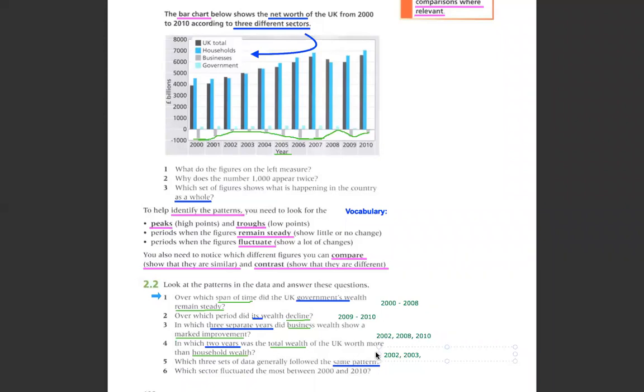So you're looking for which 3 separate years is the black higher than the blue. And the last one is 2008. Okay, so if you're not sure, let's have a look. Here, the black is higher than the blue. Here, just a little bit. And this one as well. Okay, which means the UK is higher than the household.